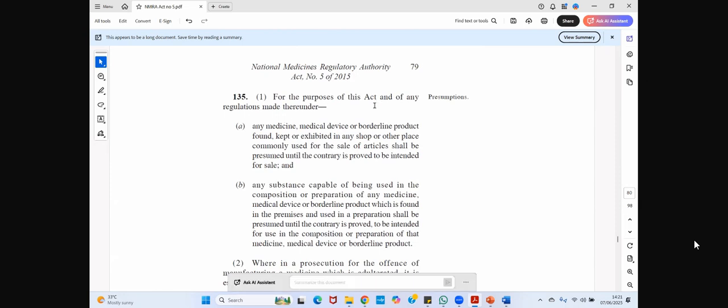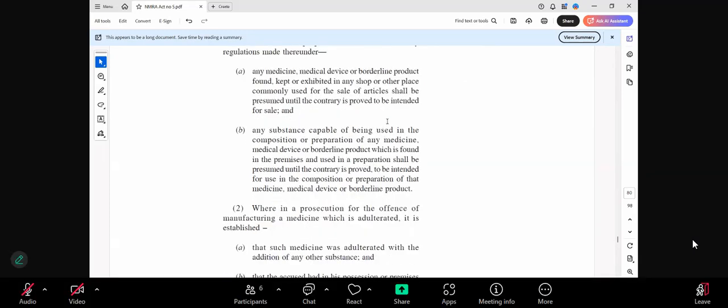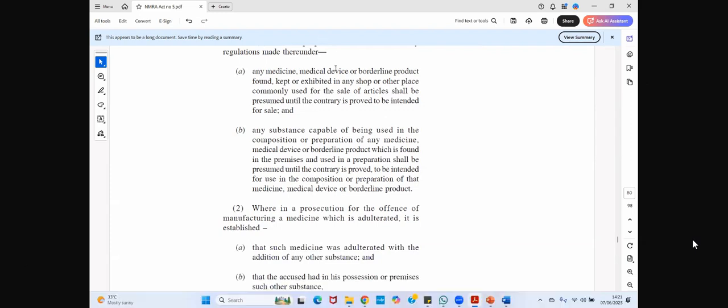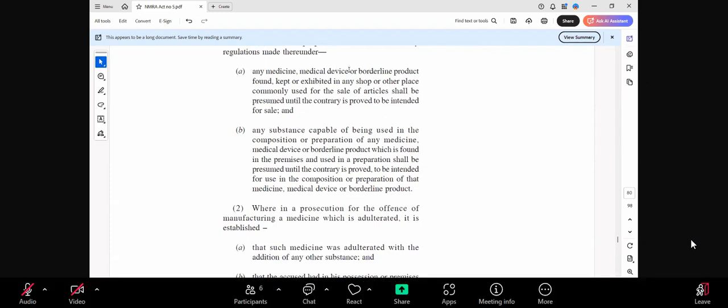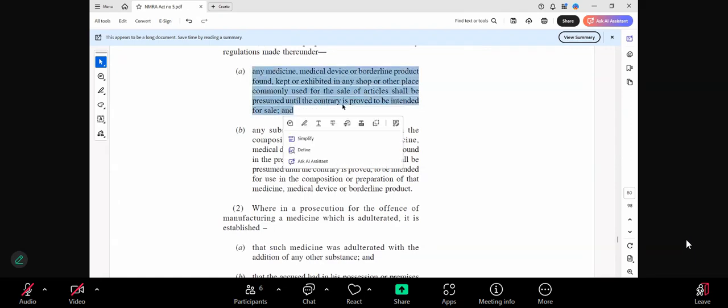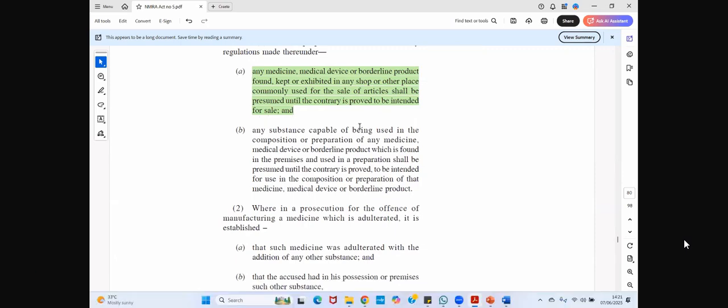For the purpose of this act and of any regulation made thereunder, any medicine, medical device, or borderline product found kept or exhibited in any shop or other place commonly used for the sale of articles shall be presumed, until the contrary is proved, to be intended for sale.